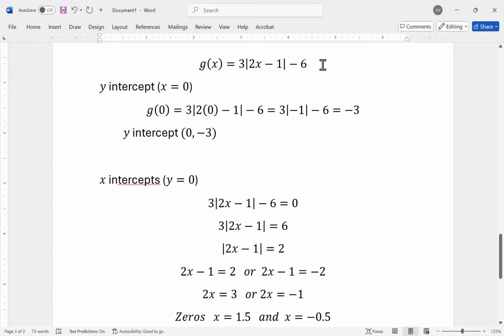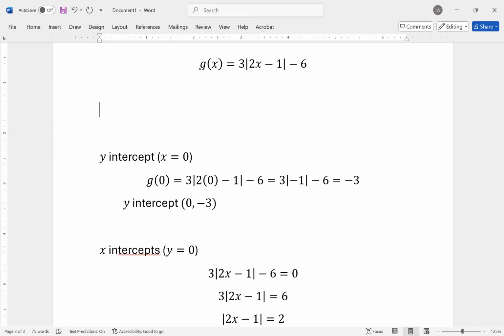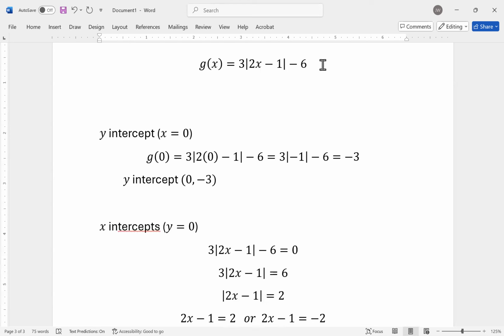Now, the secondary issue that we usually find, or the secondary point, some people would say this is the primary one when you graph, is the vertex. Now, in terms of the vertex, this is kind of hard to see sometimes where the vertex should be if there's a lot of horizontal stretching or horizontal shifting going on.